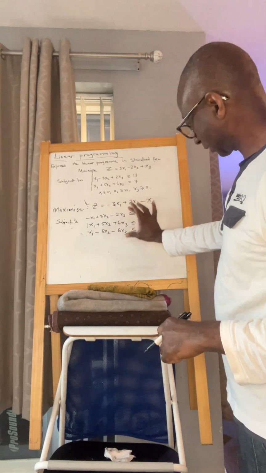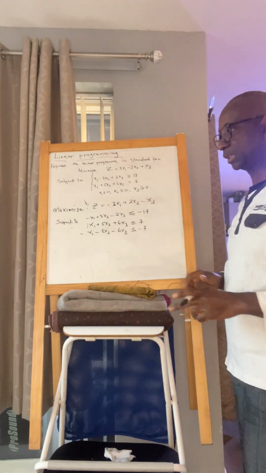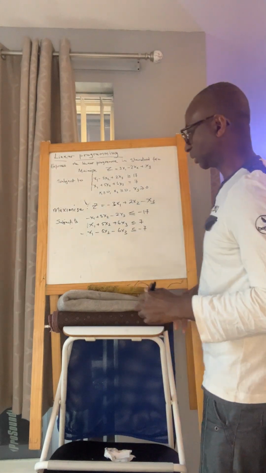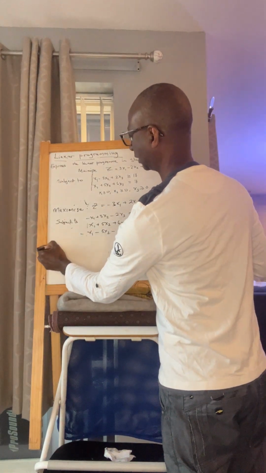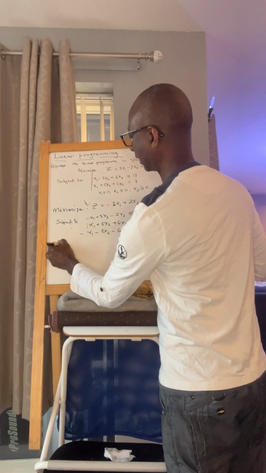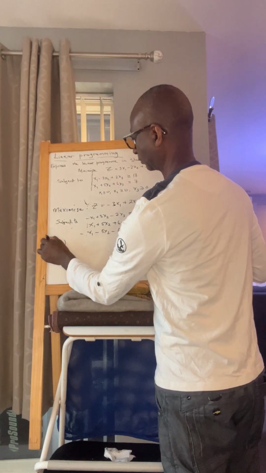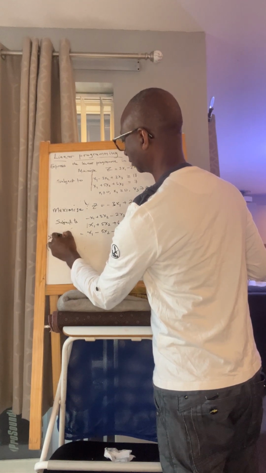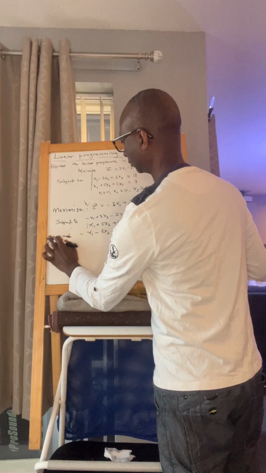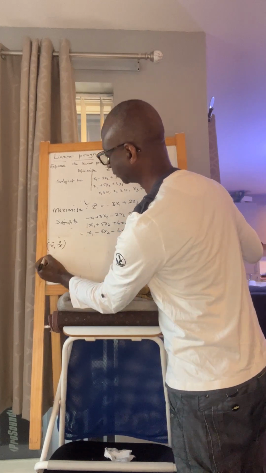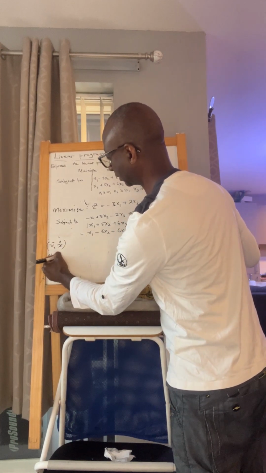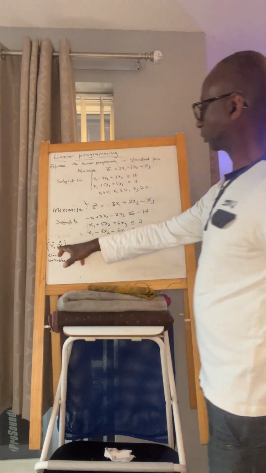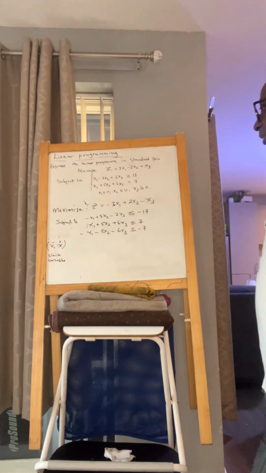So the last unknown, which is x3, that is where we introduce our slack variables. Let's say we call them x bar and x hat.